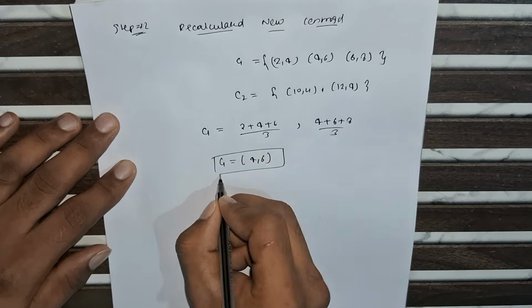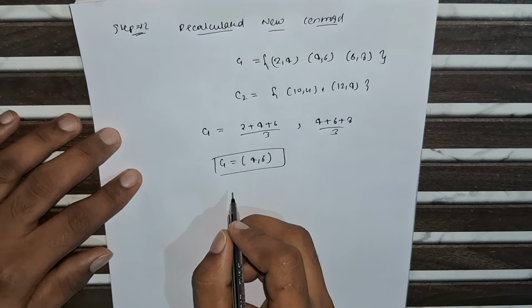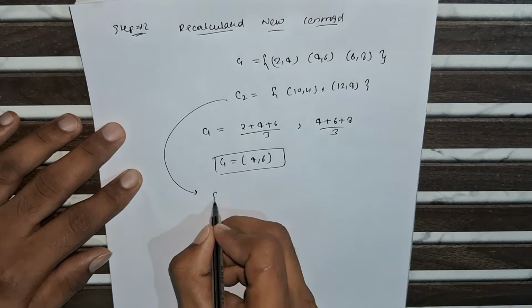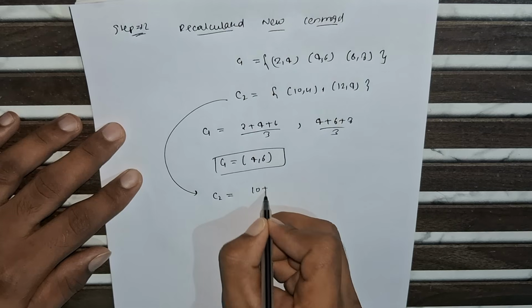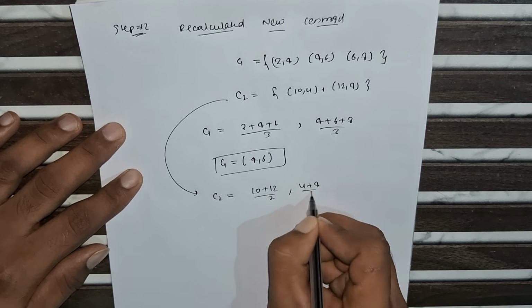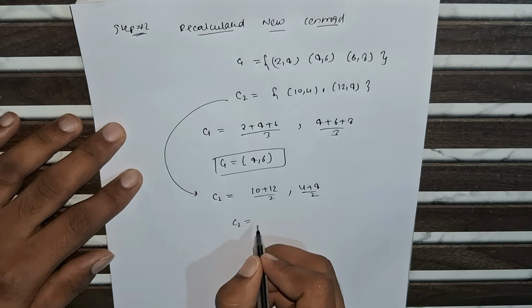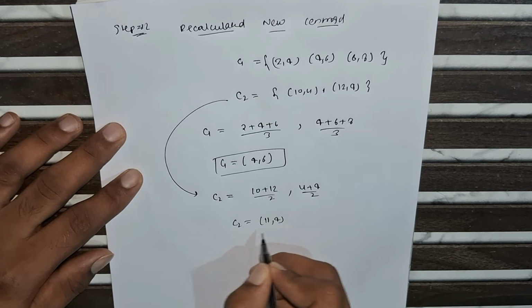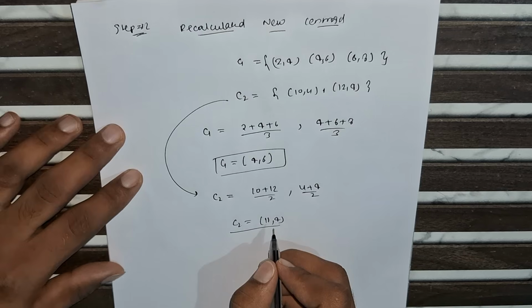So this is our new centroid C1. Like that, we calculate for C2 also. C2 equals 10 plus 12 divided by 2, comma 4 plus 4 divided by 2. So C2 becomes 11 comma 4. This is our new centroid.